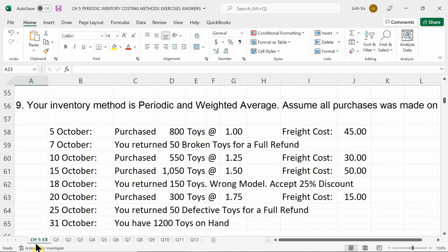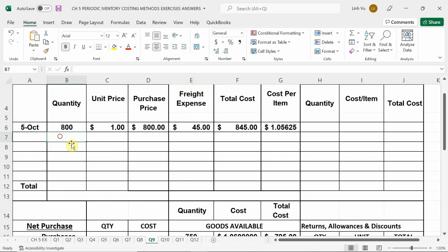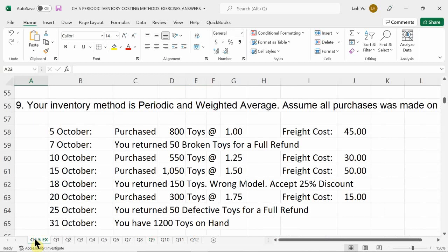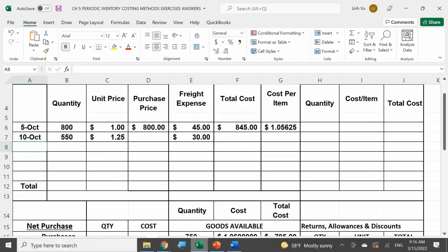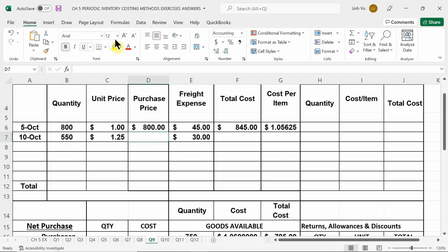So 550 at $1.25 and 30. What's my purchase price here? $687.50.